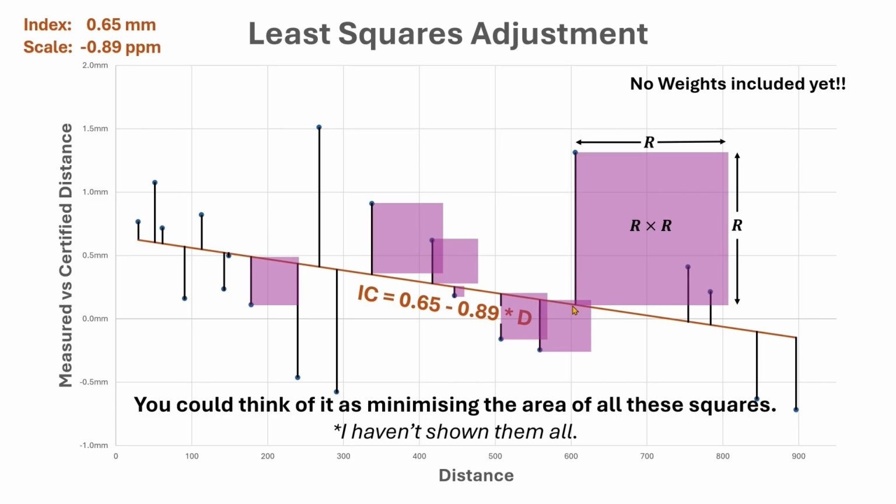That distance becomes one side of the square, we draw the square. Picture this repeated for all the points in our data. We minimize the sum of the areas of all these squares. Now I haven't drawn them all here, just to keep it a little bit clean and easier to visualize, but it would be for all of them. Now if you're still following, let's add the weights back in.